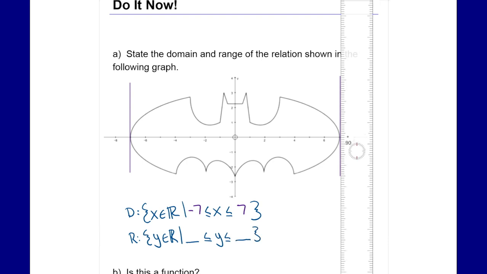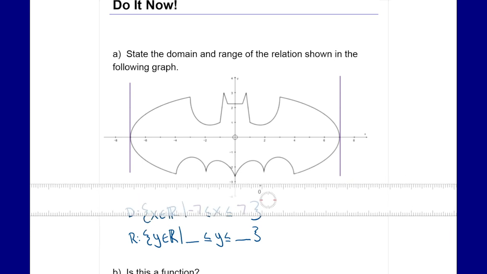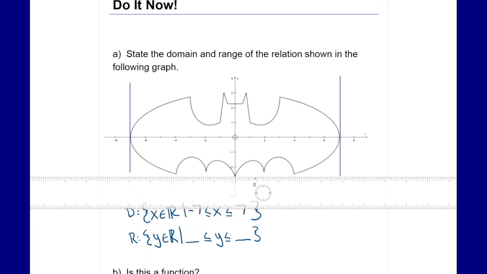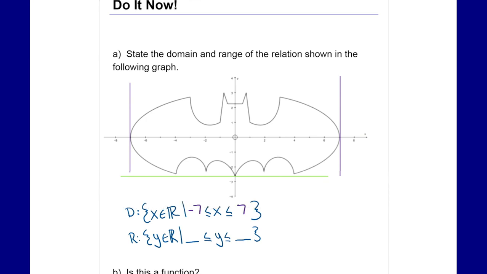Because y is looking at the vertical values, up and down, we come up from the bottom and we hit our relation. The lowest value there looks like about -2.5, just so we don't get too nitpicky. So -2.5 is our lowest value.